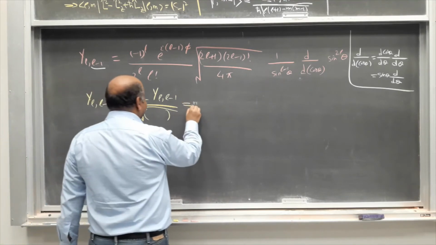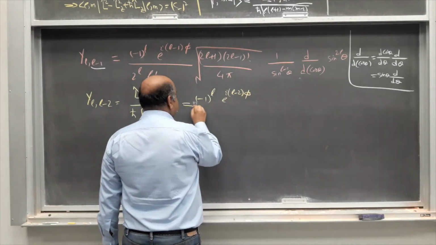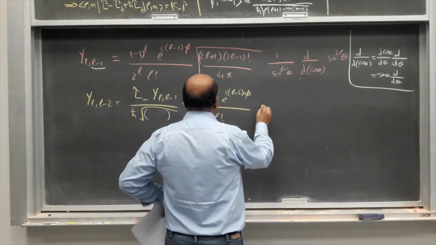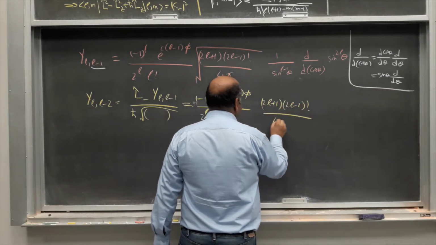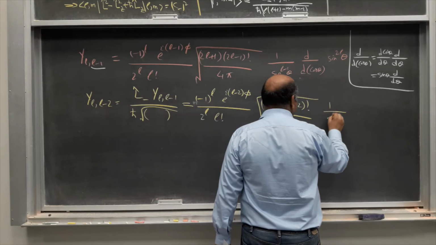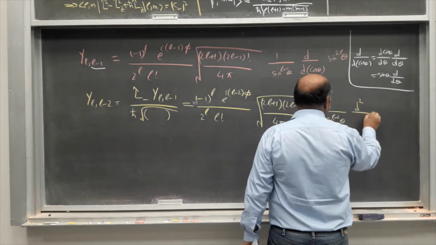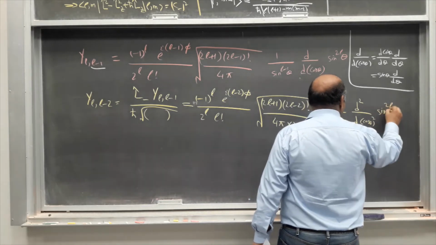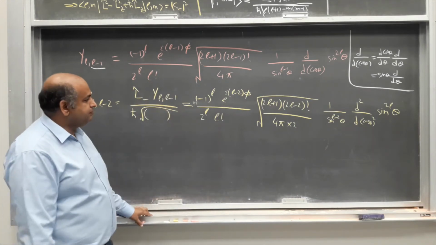If we do that, what we get is minus 1 power l, e to the i (l minus 2) phi, over 2 power l, l factorial, times the square root of (2l plus 1), (2l minus 2) factorial over 4 pi into 2, 1 over sine power l minus 2 theta, d squared over d cos theta squared, sine power 2l theta. So I'm skipping the derivation, but it's pretty straightforward.